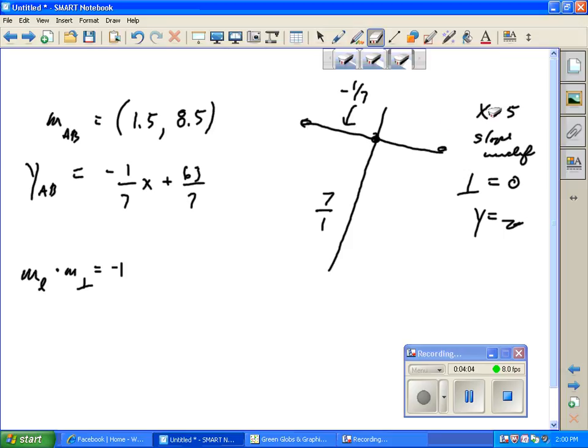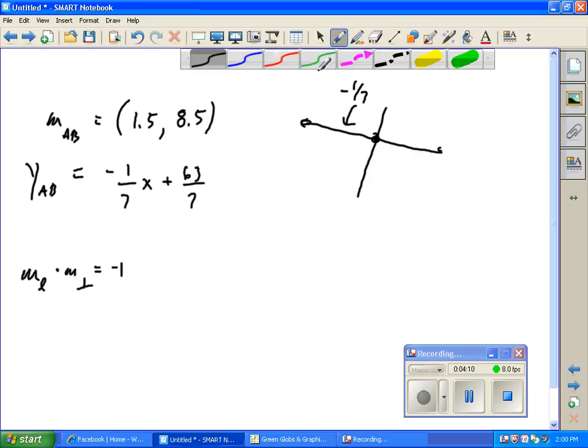Okay, that's it. So now I want to write the equation of this line here. Why? Because this line contains all the points that are equidistant from A and B. So how am I going to do that? Well, I have the slope now is 7, and I have y equals mx plus b, and a point that's on that line.